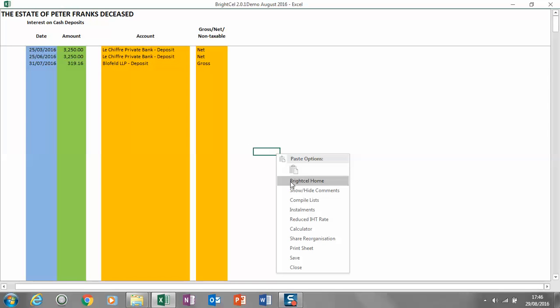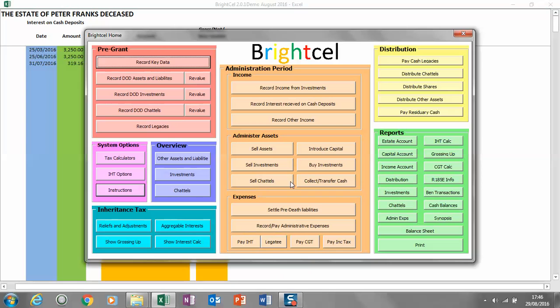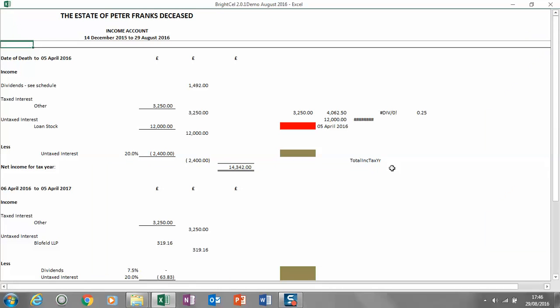And what we can now do is have a look at the income account, see how that's shaping up. Ignore all this over here, but you can see that we've got dividends. This is in the year to 5th April 2016.